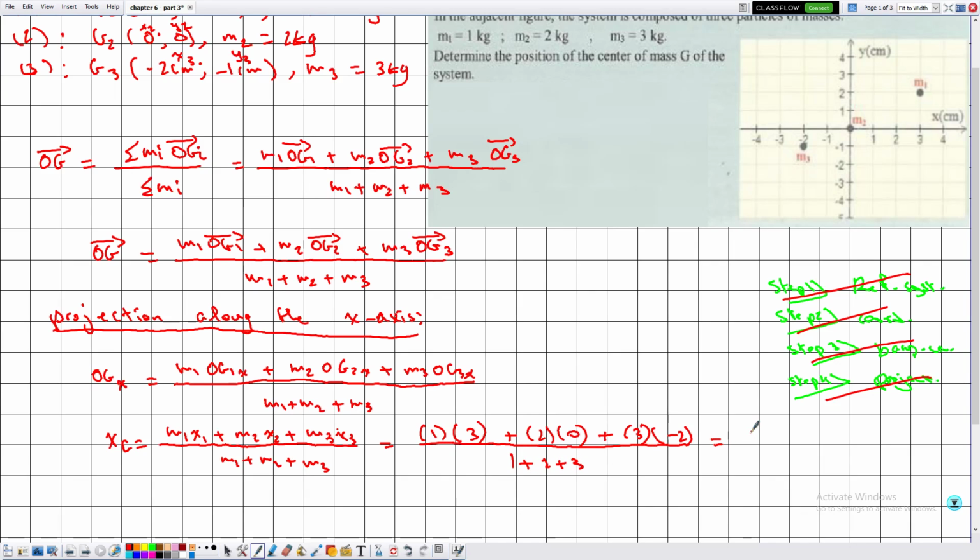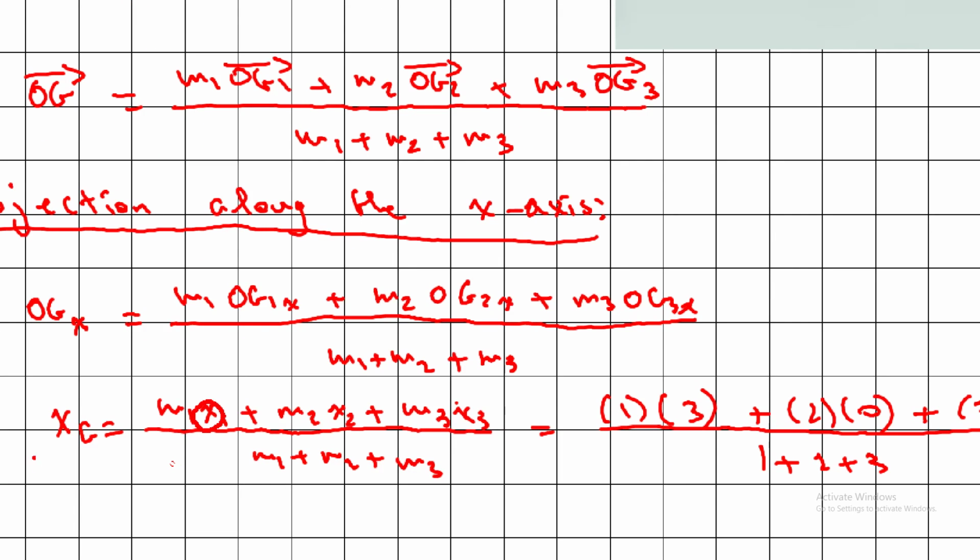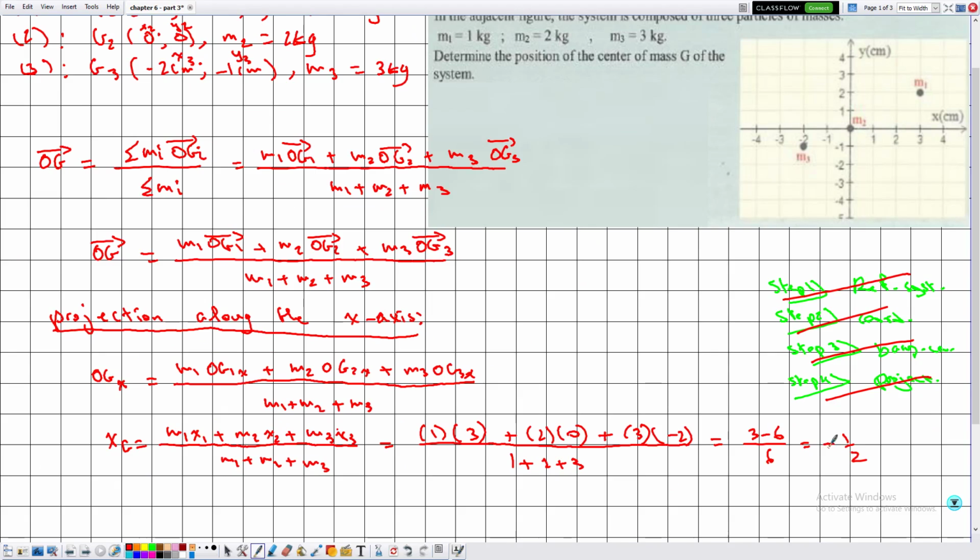So this is equal to 3 minus 6 divided by 6, so it's equal to minus a half. Since the position is expressed in centimeters, xG is equal to minus 0.5 centimeters.